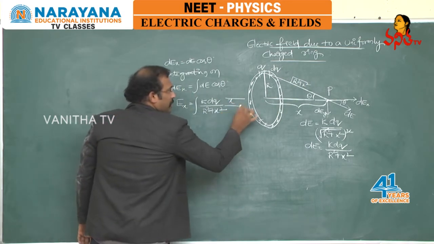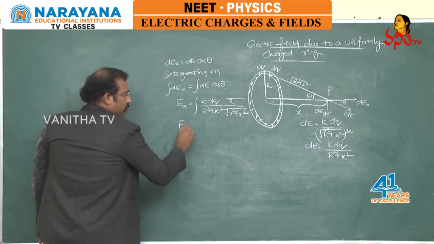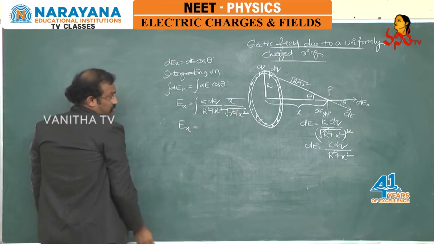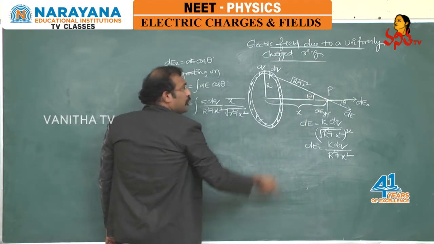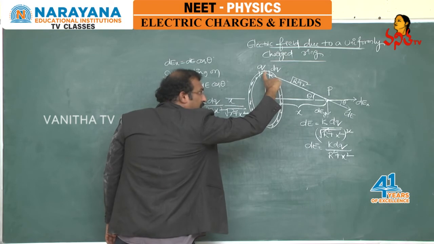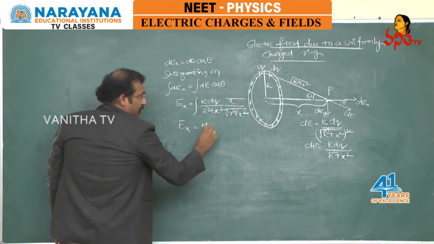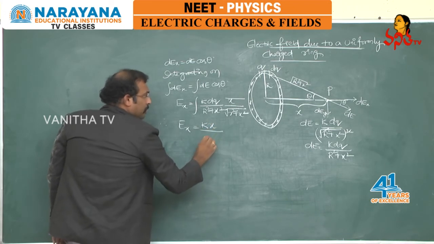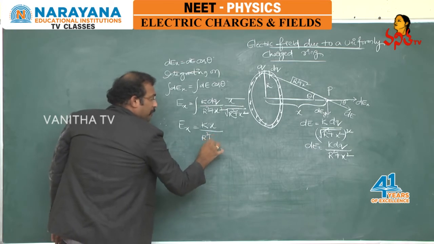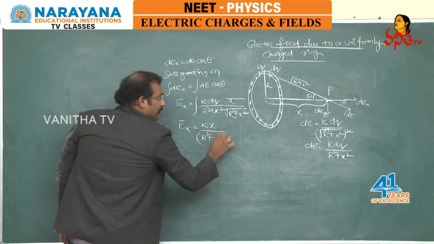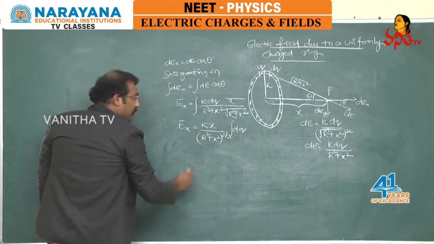Therefore Ex is equal to, so all are constants at a particular distance x due to a charged ring of radius r. So k x by r square plus x square whole power 3 by 2 into dq. So integral of dq is q.